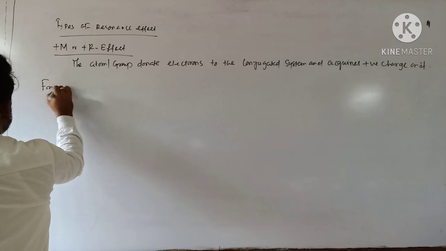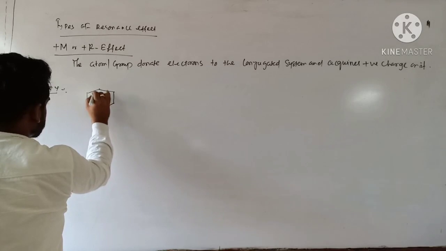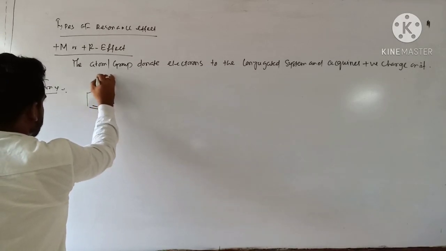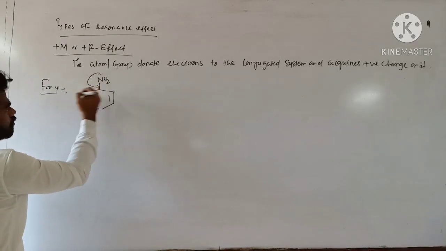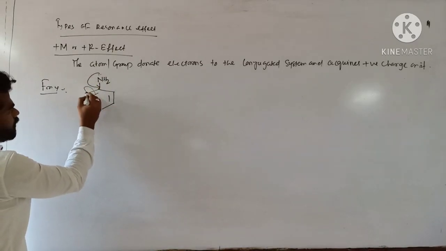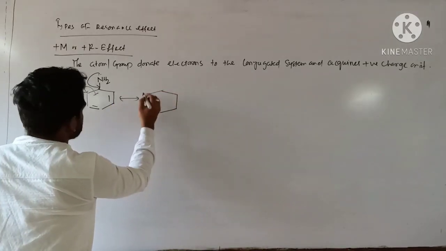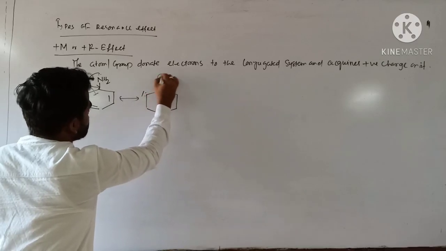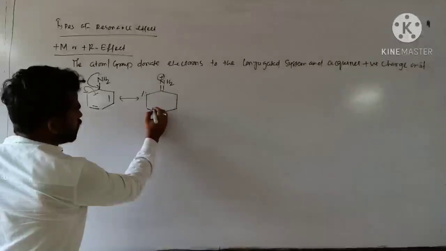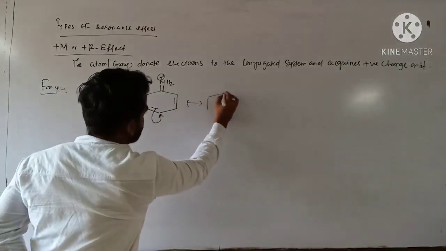For example, let us consider a conjugated system like, see students, aniline. Lone pair electron is there. Now this lone pair electron is supplied to the conjugated system, this pi electron comes to any of the carbon of the ring. So here pair of electron negative, double bond, nitrogen NH2, plus charge there after removal of pair of electron. So again this one is a conjugated system. The electron moves in this manner.